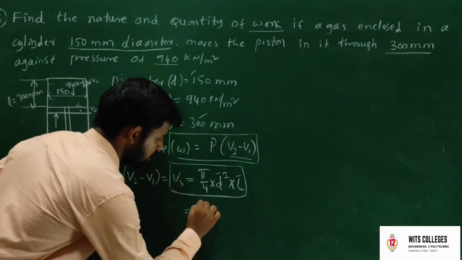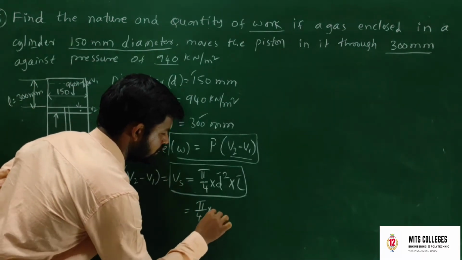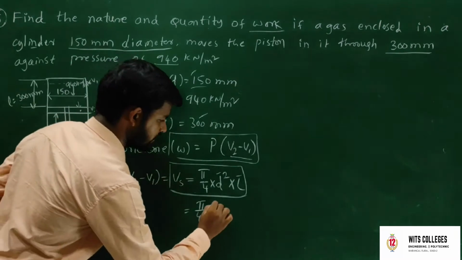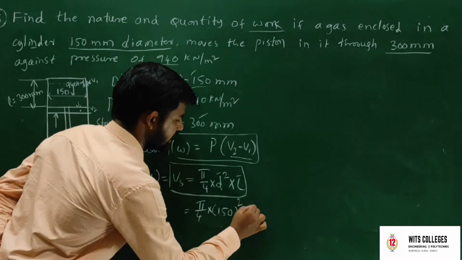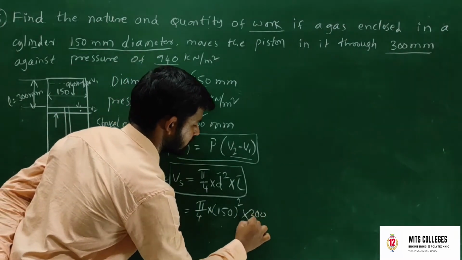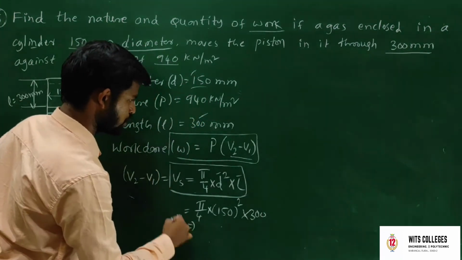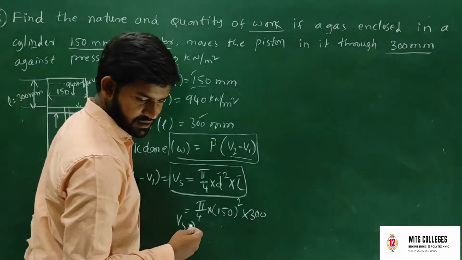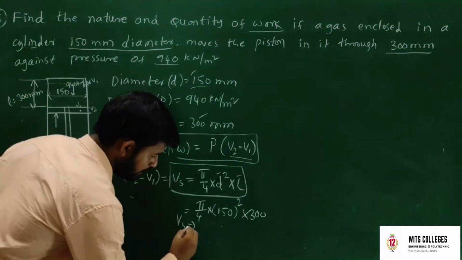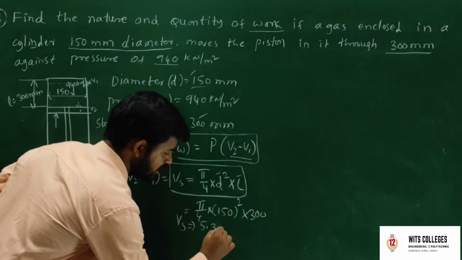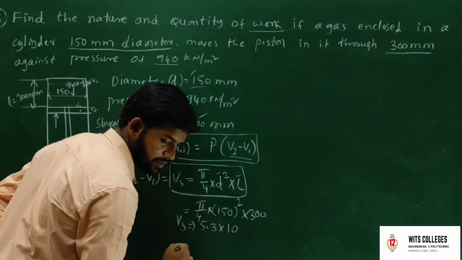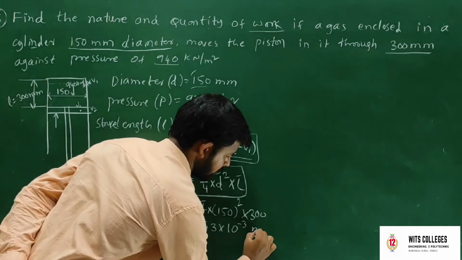Substituting, pi by 4 into 150 whole square into 300 mm, we obtain the stroke volume Vs as 5.3 into 10 to the power of minus 3 meter cube.